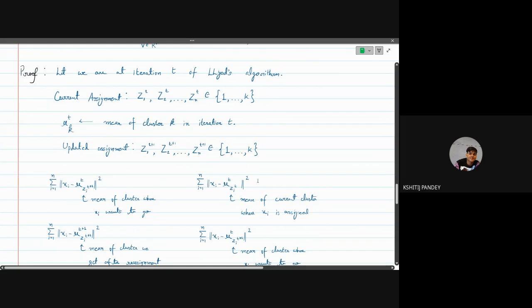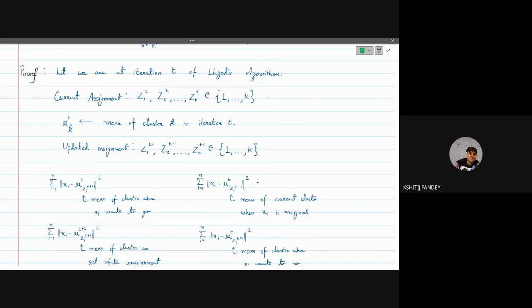Now, after that, we compute the distance between a data point and the mean of the current cluster, and the distance between the data point and the mean of another cluster. So this right here is the summation over i from 1 to n of the distance between the data point and the mean of the cluster where this data point wants to go.